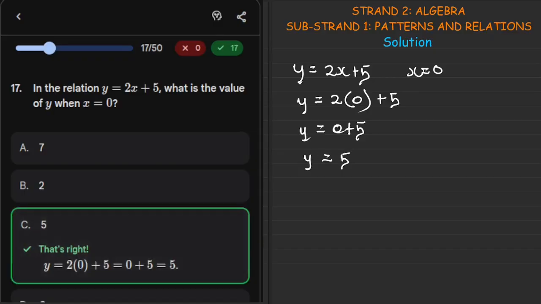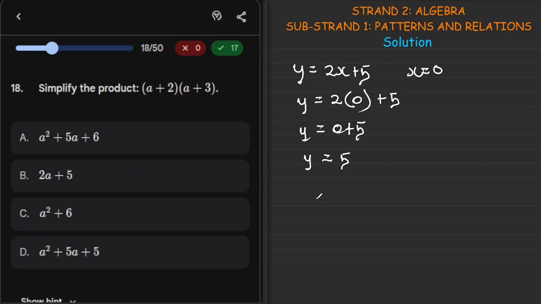And that is C. Question number 18. It says to simplify the product a plus 2, then into another bracket, a plus 3. Opening the bracket, we have a into bracket a plus 3. Then the positive 2 also multiplying this whole thing.